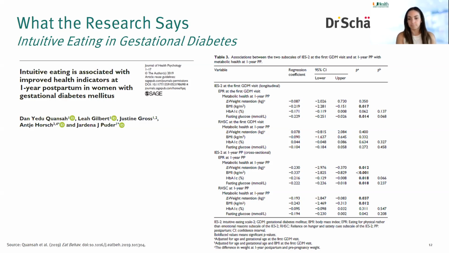The researchers found that there was an association between intuitive eating during and after pregnancy with lower BMI, weight retention, fasting glucose, and A1C at 1 year postpartum in women with gestational diabetes and those who are high risk for it. This suggests that intuitive eating could be an effective intervention for weight and glucose control in women with gestational diabetes postpartum.